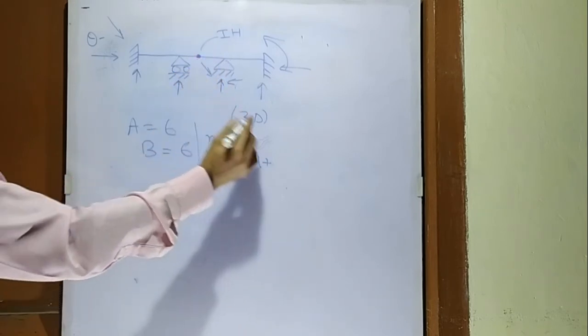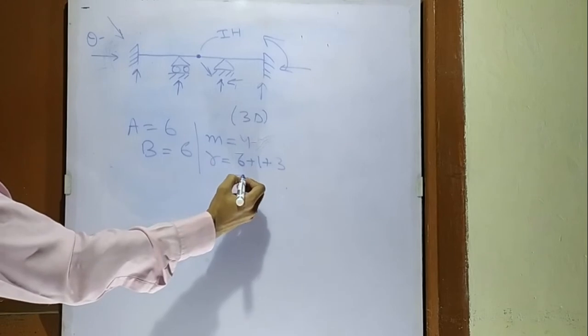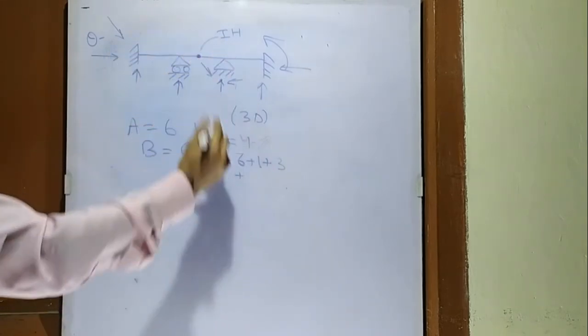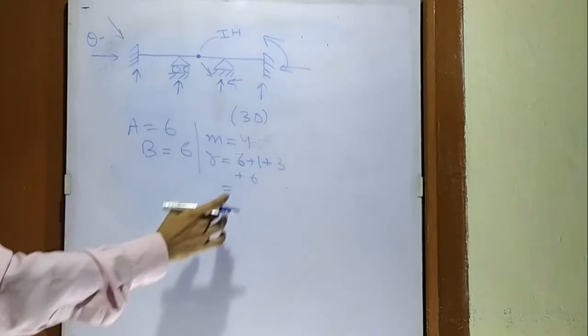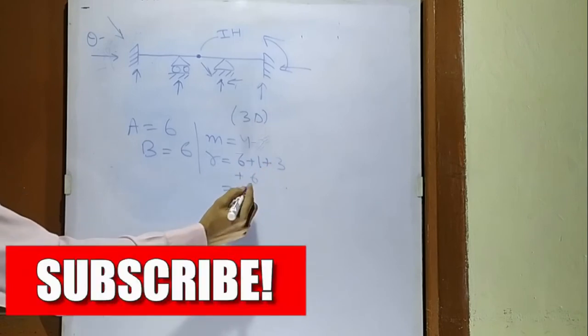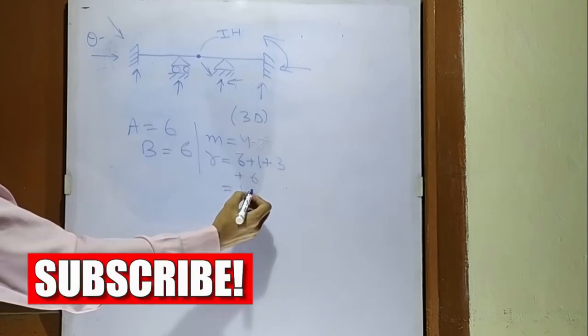So at the pin support there will be 3 reactions, and lastly we have our fixed support, which will have 6 reactions. So 6, 12, and 4, it comes out to be 16.